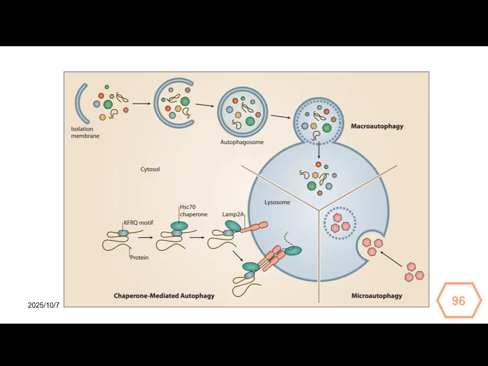So one is macroautophagy, and this is chaperone-mediated autophagy. So chaperone, our heat shock protein. Anything that is misfolded can be sent for autophagy instead of using the proteasome. Remember, if you have unfolded protein inside the ER, the chaperone inside the ER will do ubiquitination and send it to the proteasome.